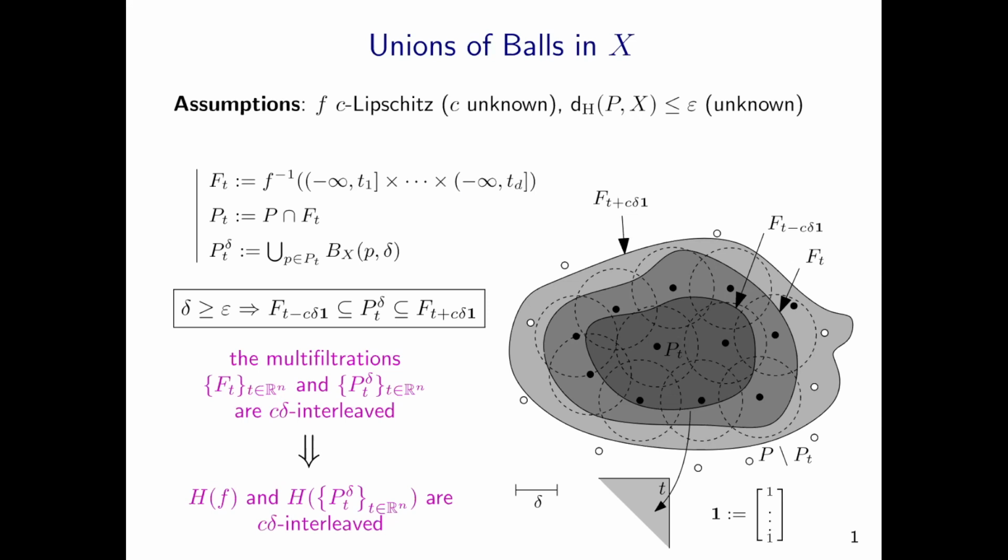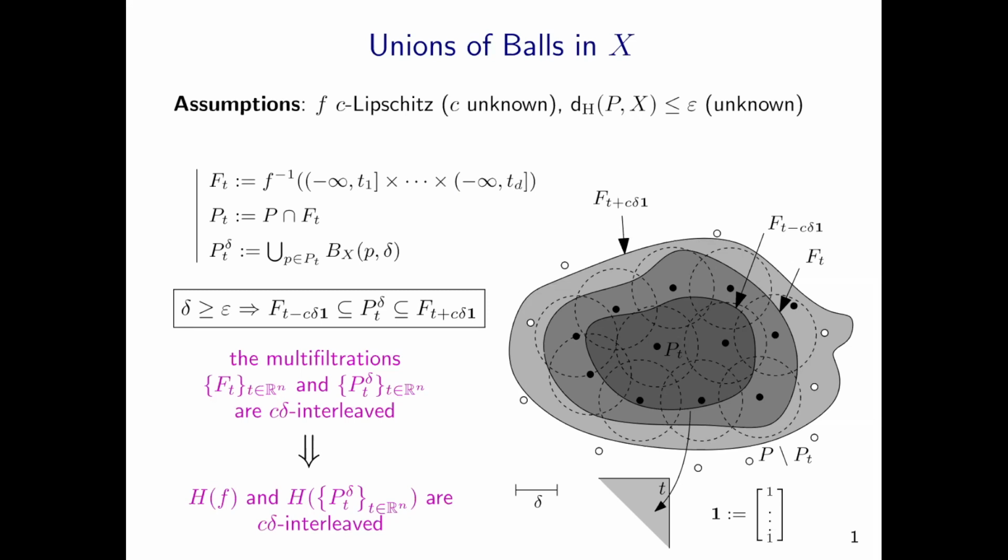In the paper, we assume that f has a modulus of continuity, but for the sake of the talk, for simplicity, I'm assuming f Lipschitz. Then you get this interleaving very easily. It's like four lines of proof, nothing really complicated. And therefore, you can conclude that the persistent homology of f in any homology degree and the persistent homology of this filtration of balls are Cδ-interleaved, where C is the Lipschitz constant.